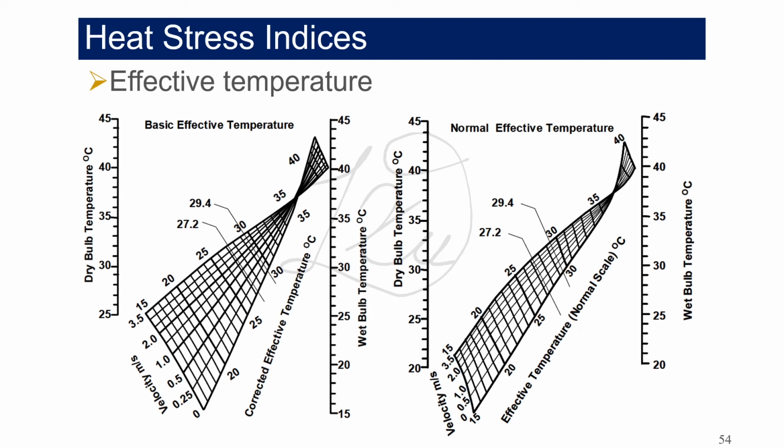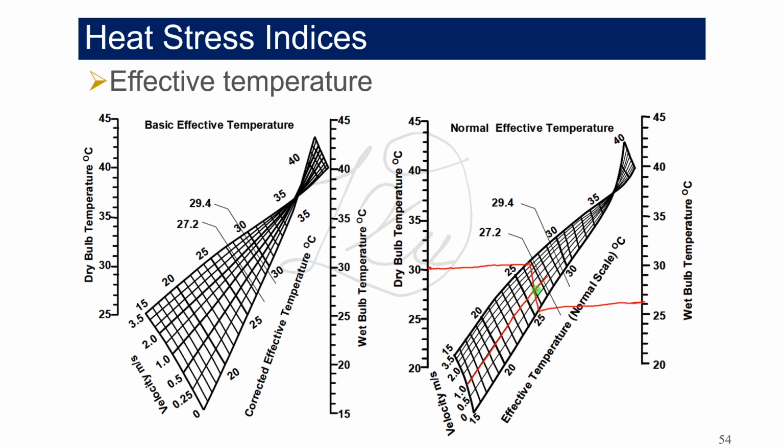For example, if the dry bulb temperature is 30, the wet bulb temperature is 27, and the air velocity is 1, the effective temperature is the intersection between this line and the velocity line here.